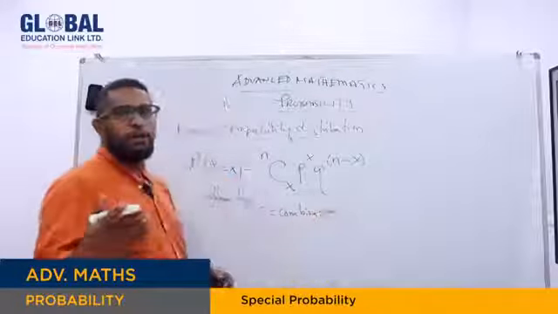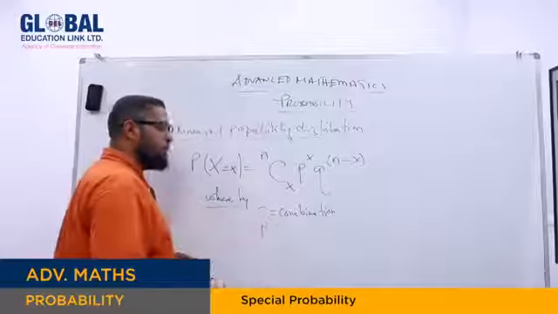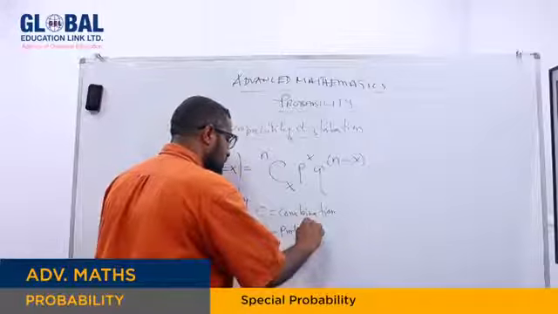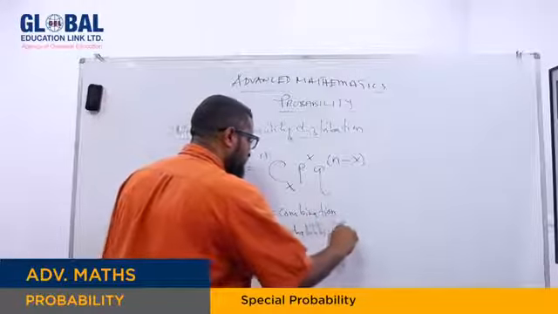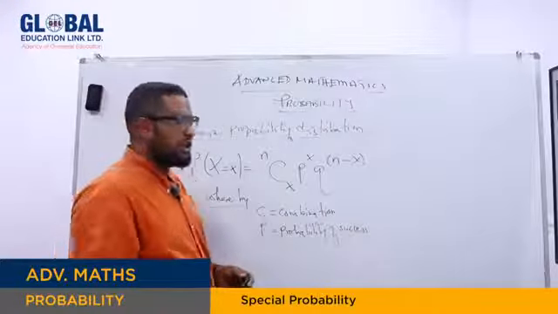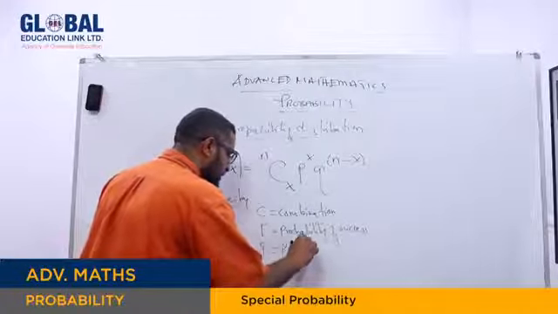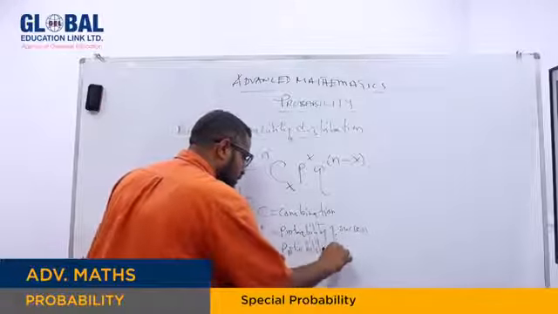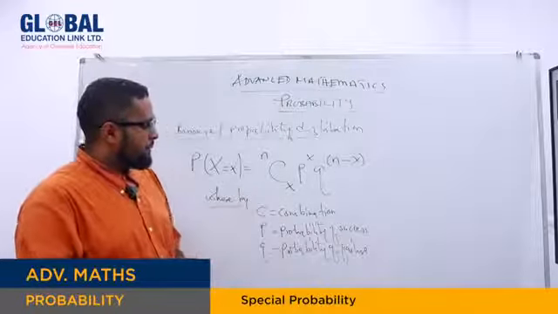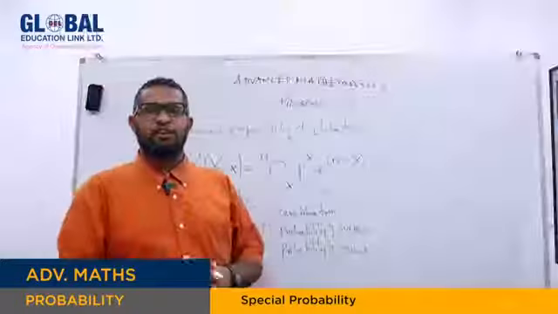We learned this when we were dealing with counting. But we also have letter p. Letter p is the probability of success, the one that we said is constant throughout the experiment. And q is the probability of failure. If you remember, if you take the probability of an event to occur and not to occur, we always get 1.